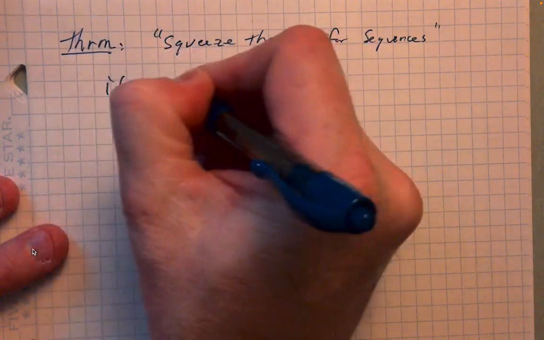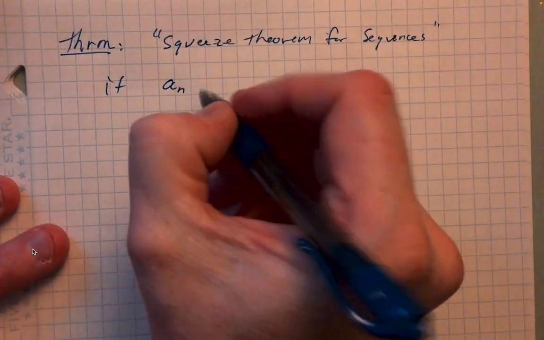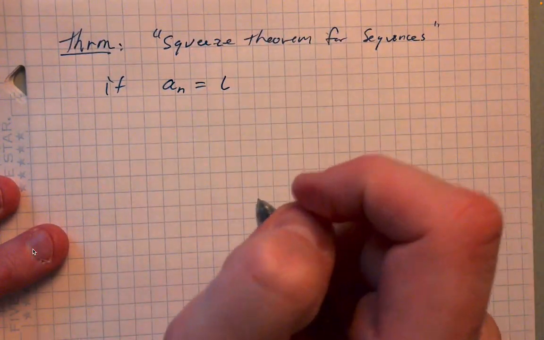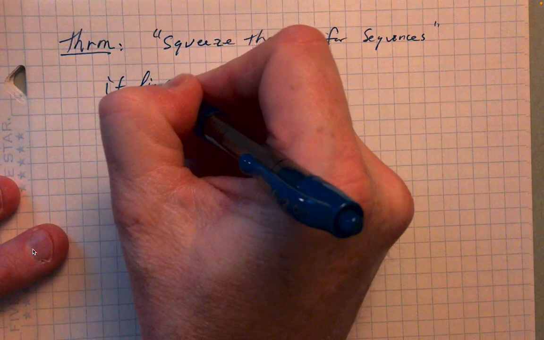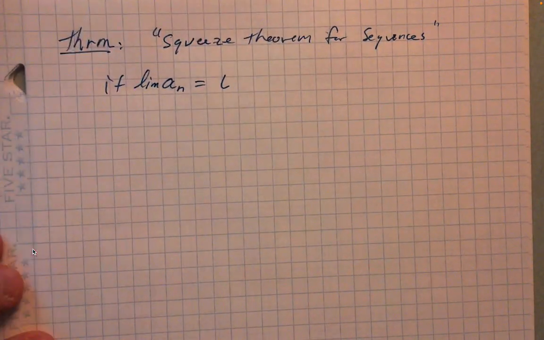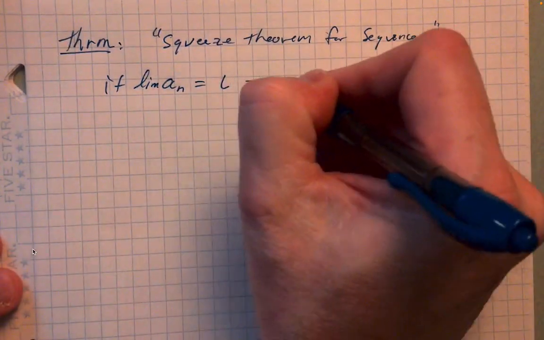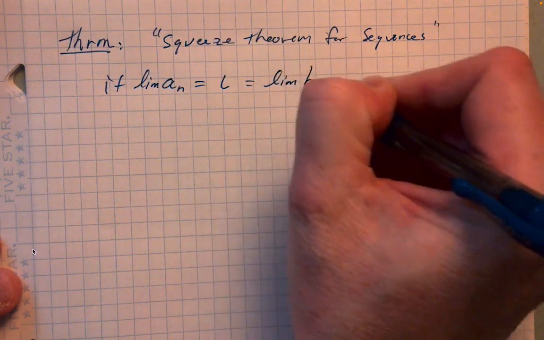So if a of n is a sequence with a limit, I should write limit. So if the limit of a of n is equal to L, and that is the same as the limit of another sequence, b of n.